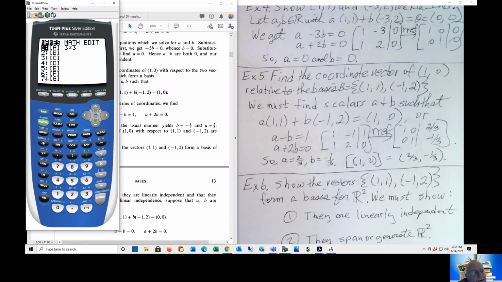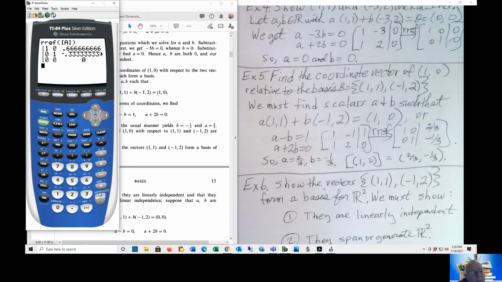That's to guarantee that I don't get an error when I do the row reduction. Second function, x inverse, right arrow key to the math menu, upper arrow key to option B, rref, row reduced echelon form, second function, x inverse, choose the first matrix A, close the parenthesis, and you are getting 2/3, negative 1/3.